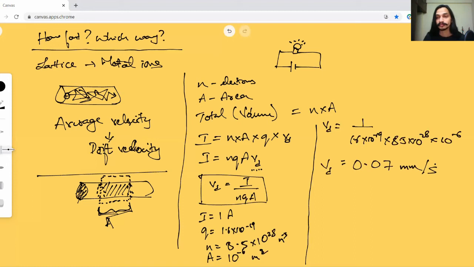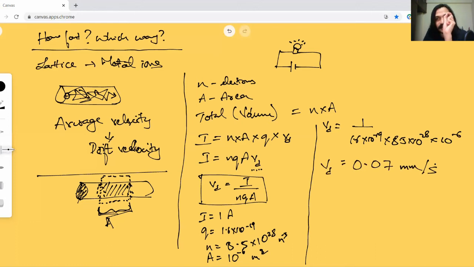Now, 1 millimeter you have seen on the scale, right? On the scale you see 1 centimeter divided into 10 parts, with each of them being 1 millimeter. Not even 1 millimeter, it's moving in 1 second. 0.07, meaning you divide that 1 millimeter into 100 parts, and out of those 100 parts, only 7 parts.